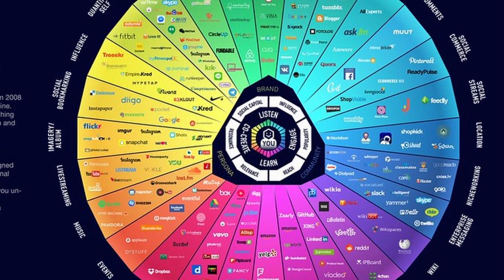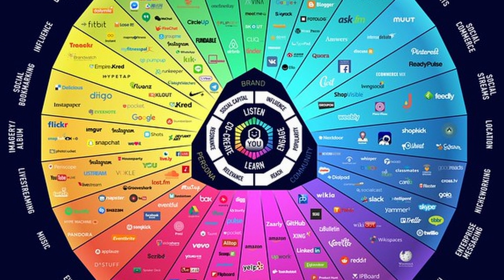In a closer view, the center of the prism represents the user, depicted as a character similar to those in Squid Games. This emphasizes that individuals are at the core of the social media experience, influencing both their own and others' interactions. Surrounding this central figure are halos that represent how to enhance social media interactions by engaging meaningfully, which is measured by reach, relevance, resonance, social capital, popularity, and influence.